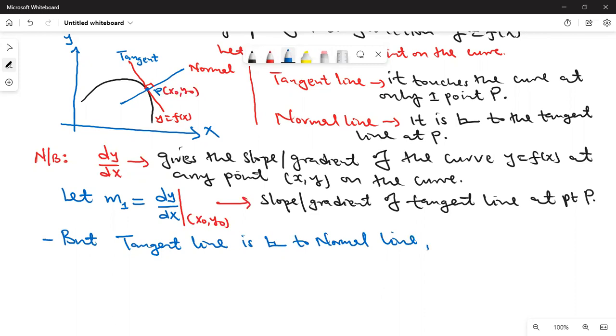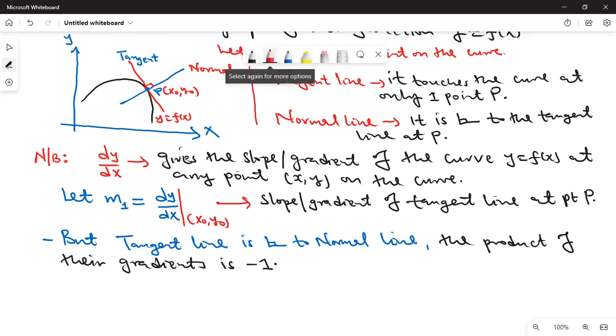So then what do we know about perpendicular lines? That means the product of their gradients should be equal to -1.